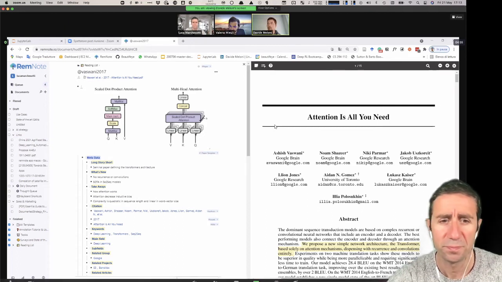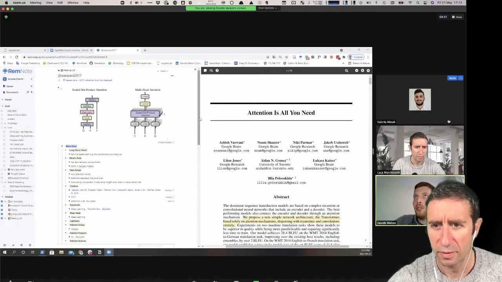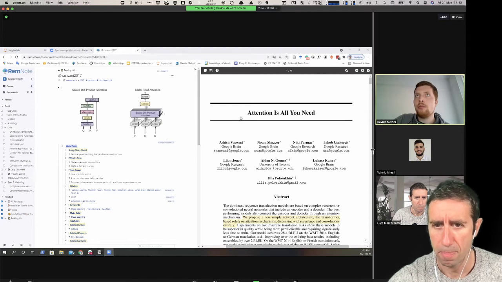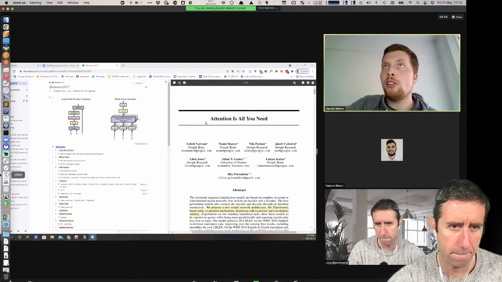Okay. So this is one of the most famous papers in the last few years. Attention is all you need is a paper presenting the transformer architecture.